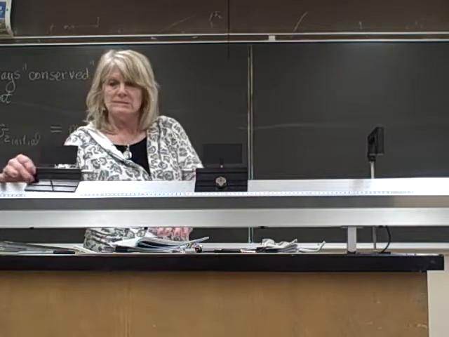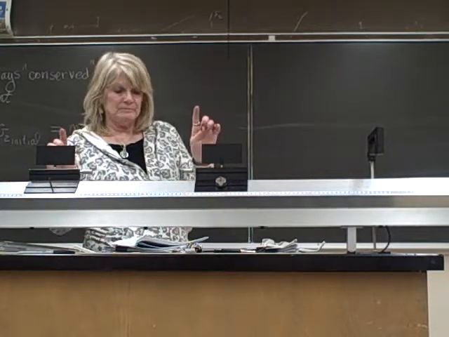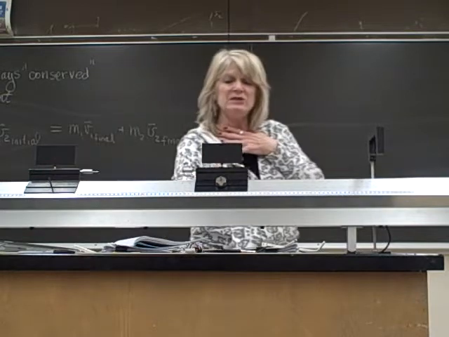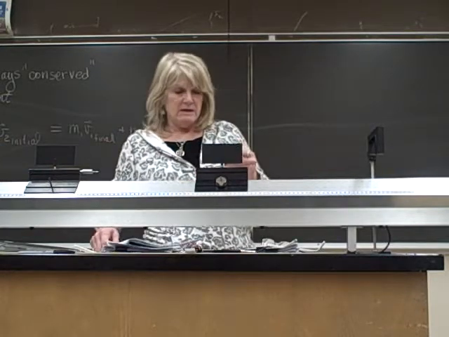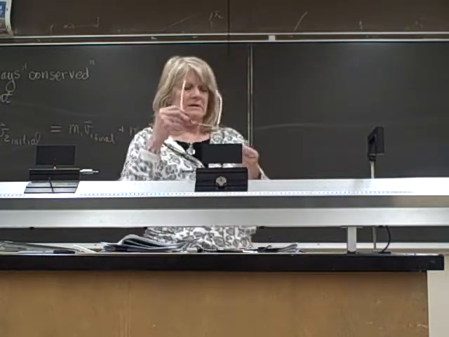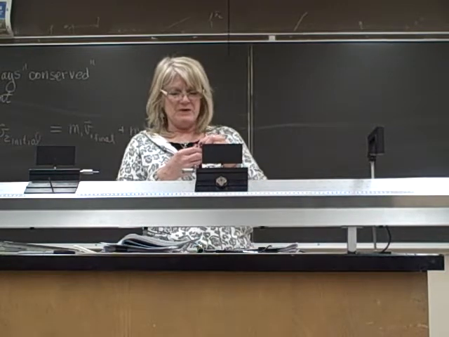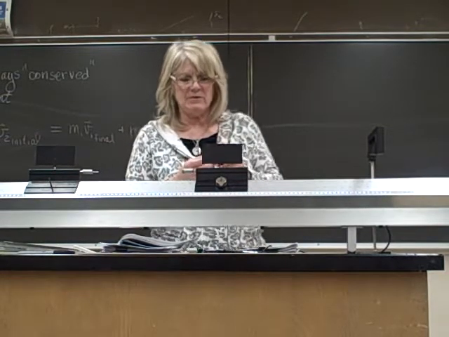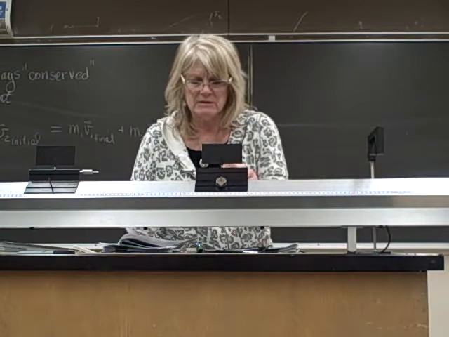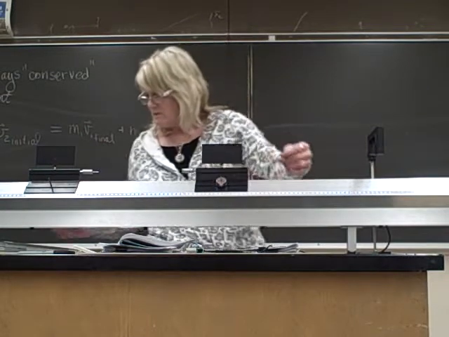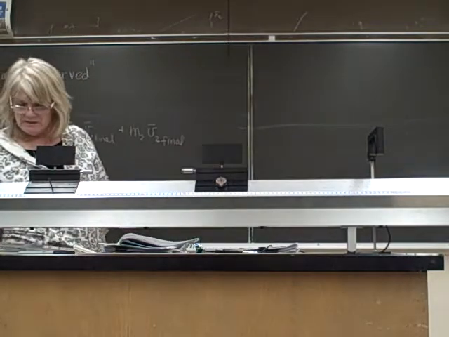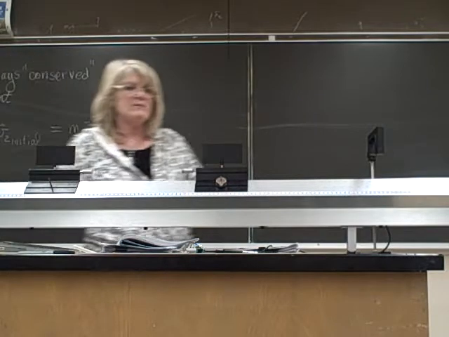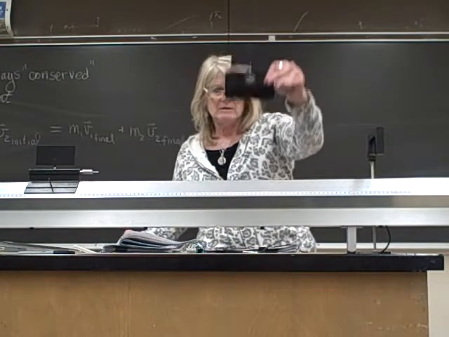All right? So, that'll be M1. Each one of these is, I want to say 50 grams, but of course they're not marked. I think that's what it is. Anyway, you can mass these.